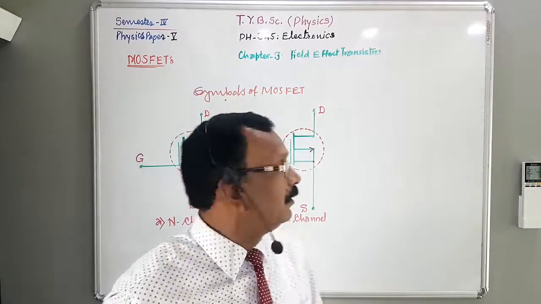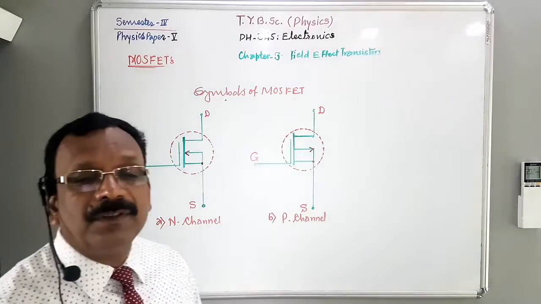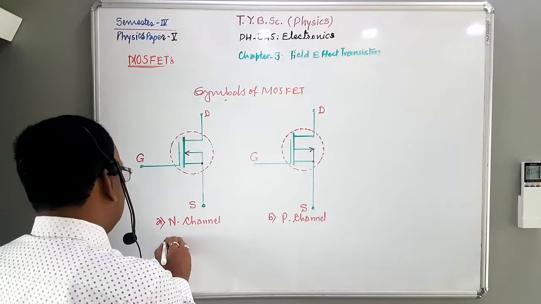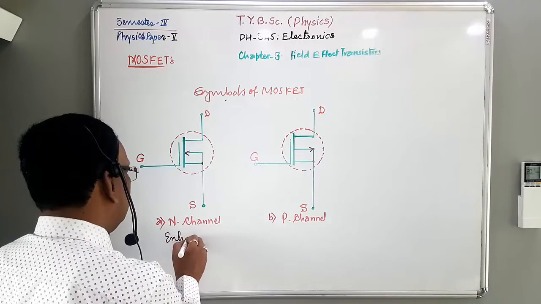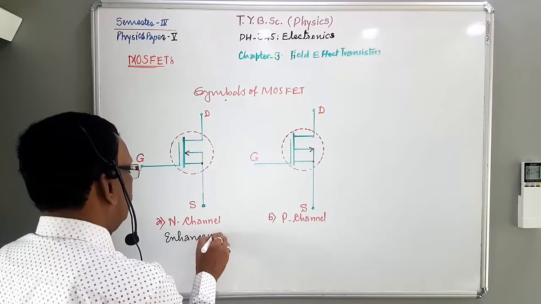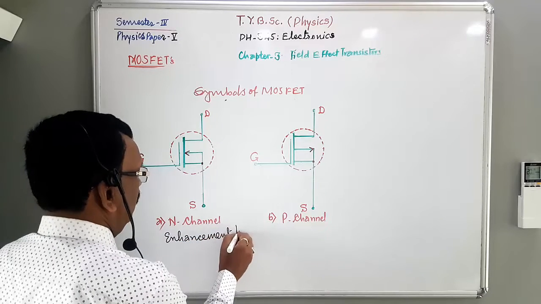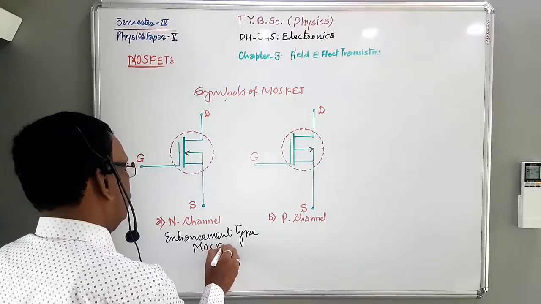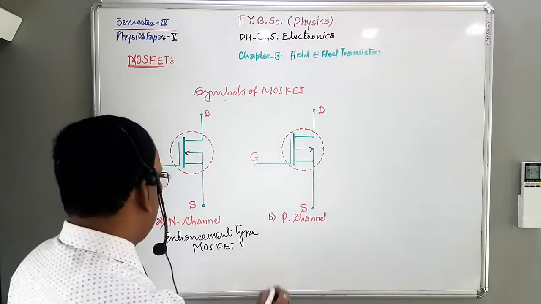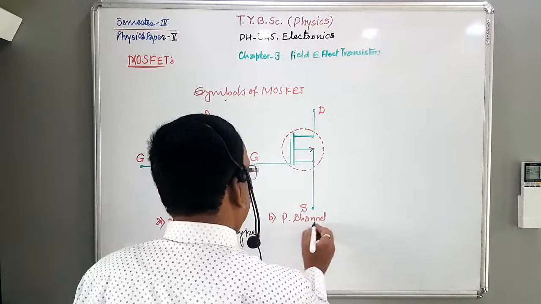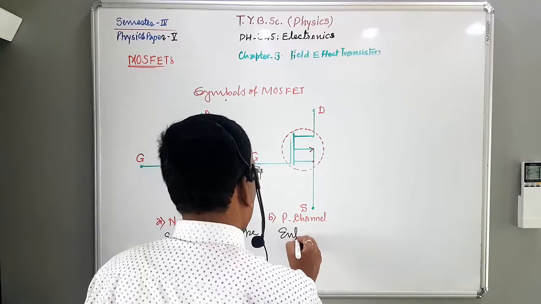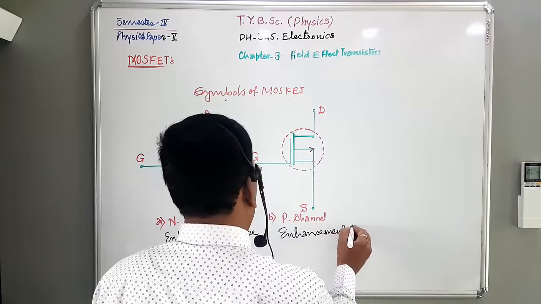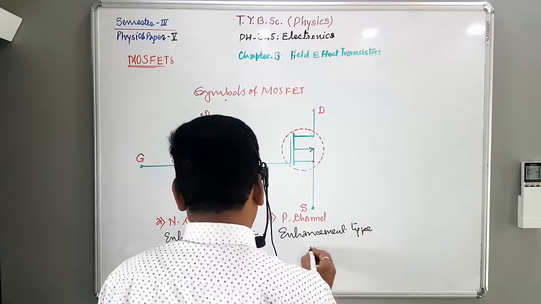See here, in enhancement type, this is the N channel enhancement type MOSFET, and this figure represents P channel enhancement type MOSFET.